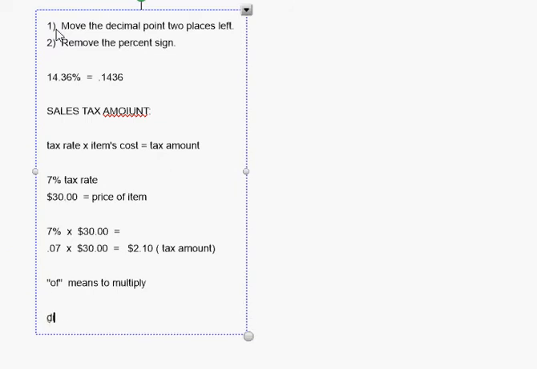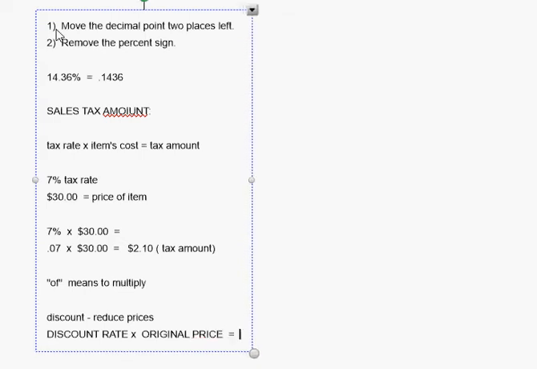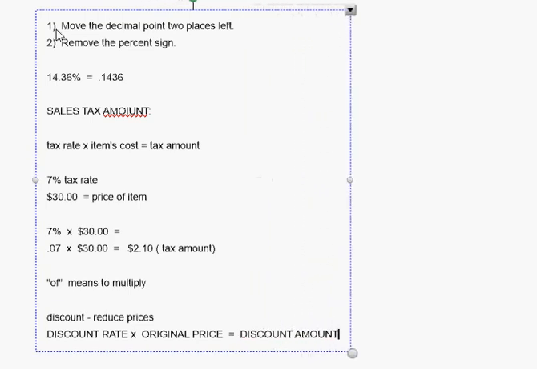So if we say 7% of a number, it's telling us to multiply. Now, discount, remember, means to reduce prices. So the formula is discount rate times original price equals discount amount.